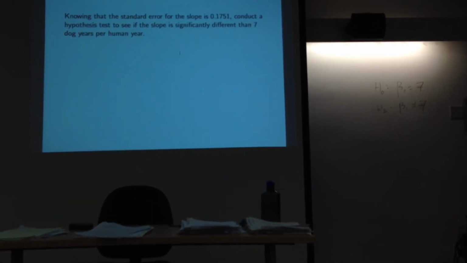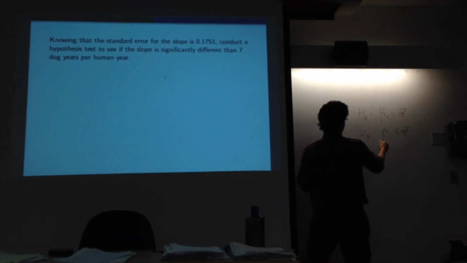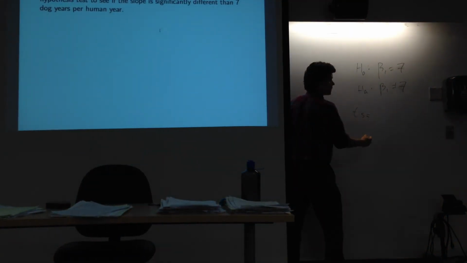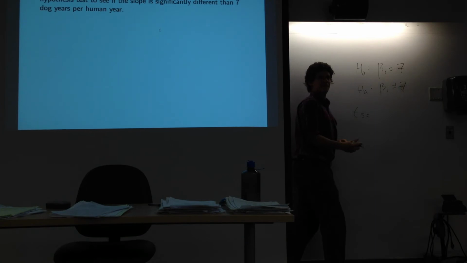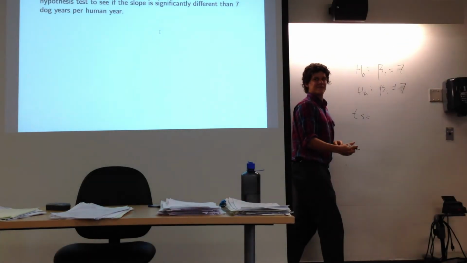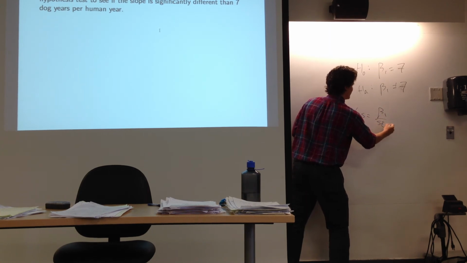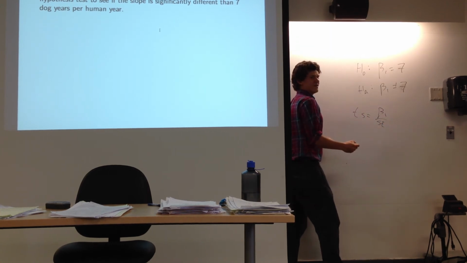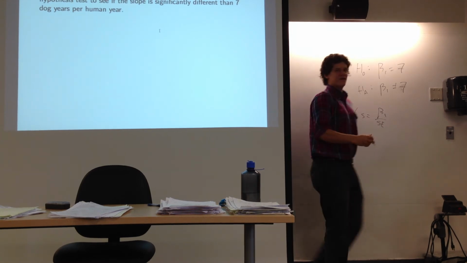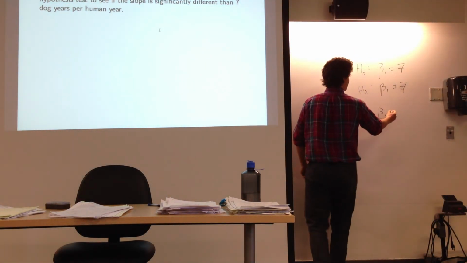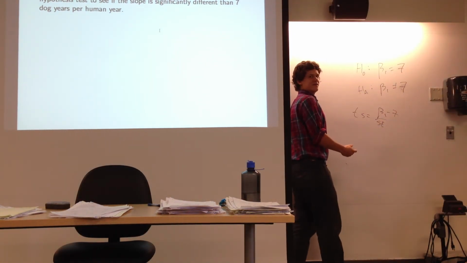Under what you have usually seen with beta 1 equal to 0, what was our test statistic? It was beta 1 over the standard error for beta 1, right? How can we adjust this to incorporate our new null here? Yeah, just subtract 7 from the numerator, right? So now we're doing beta 1 minus 7. Why do you subtract 7?